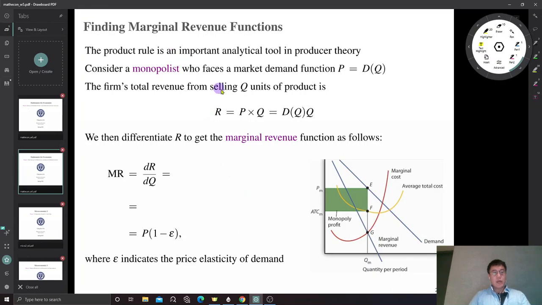So here we have some application of the product rule. The product rule is quite useful in producer theory, especially when we explain monopolist behavior. So monopolist means there is only one producer in the market.